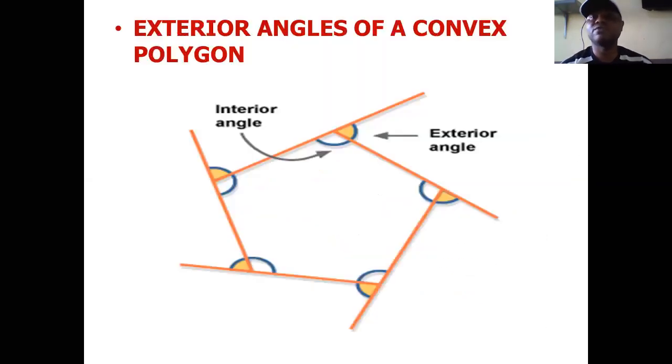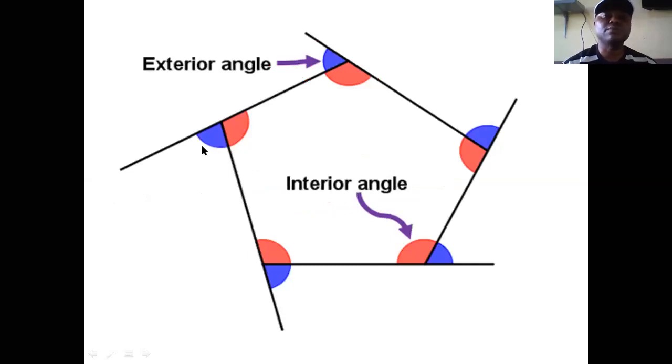Okay, let's look at the exterior angle of a convex polygon. Once again, look at the exterior. This is the exterior, and then the interior. All the angles marked blue are the exterior angles.